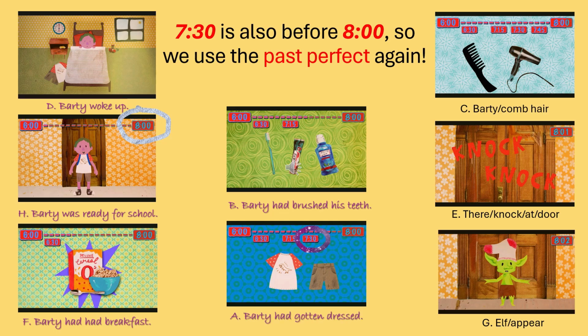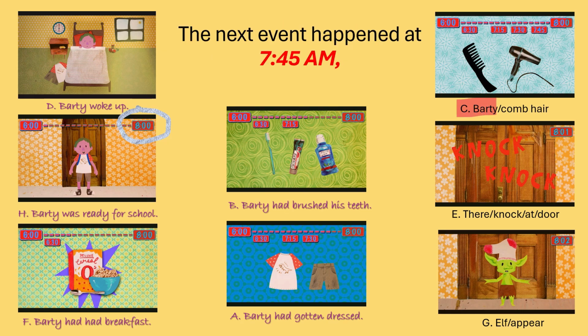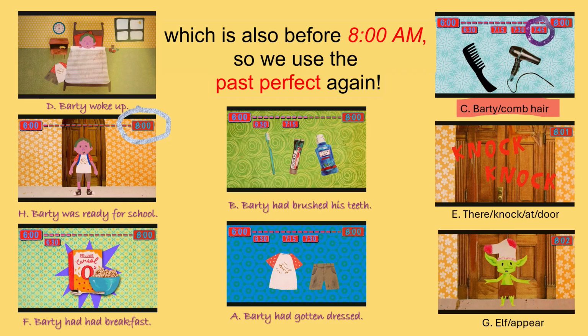Barty had gotten dressed. The next event happened at 7:45, which is also before 8 a.m., so we use the past perfect again. Barty had combed his hair.